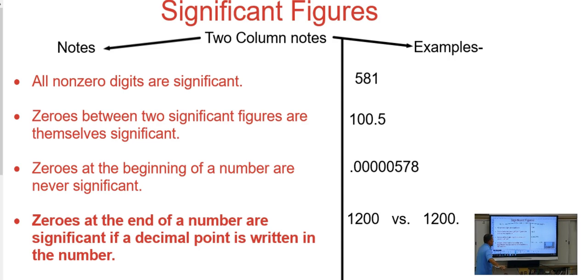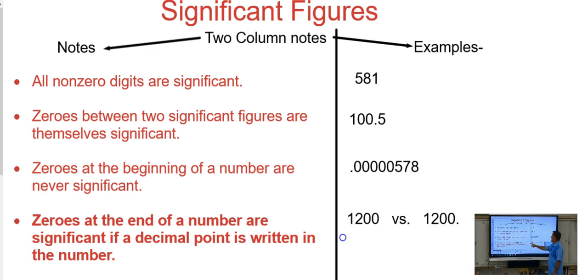The idea of 2-column notes is that you divide your page in half. And I wouldn't really make it a half. I'd have it like 3/4 and 1/4 or whatever. On one side, you put the notes, and the notes here are the rules that we're going to follow.